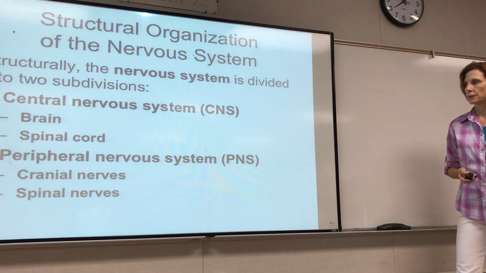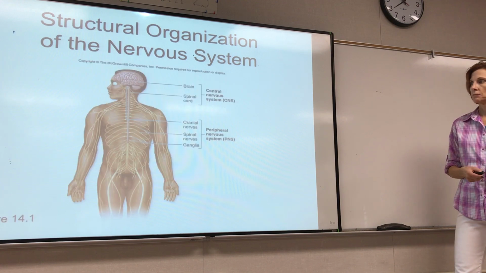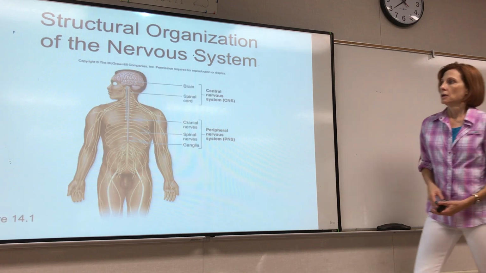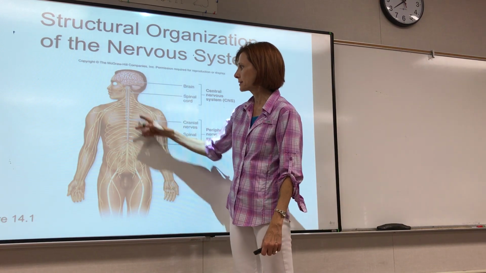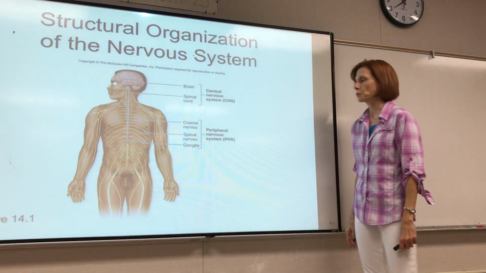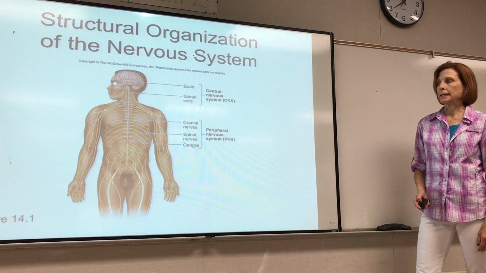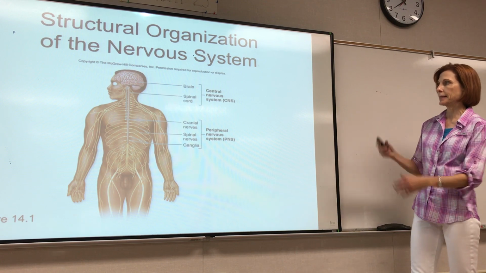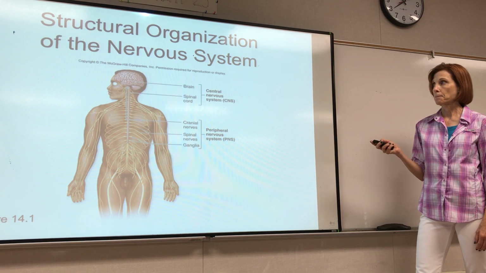Okay, and taking a look at this, here it is. So again, brain and spinal cord make up the central nervous system, and all these nerves going out into all the tissues are the peripheral. Alrighty, so you can see everything is connected. All these different parts of the nervous system are all connected to each other.